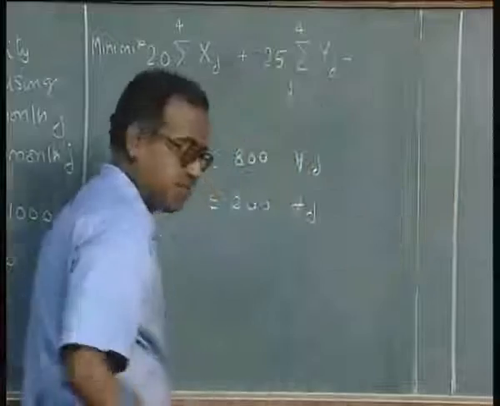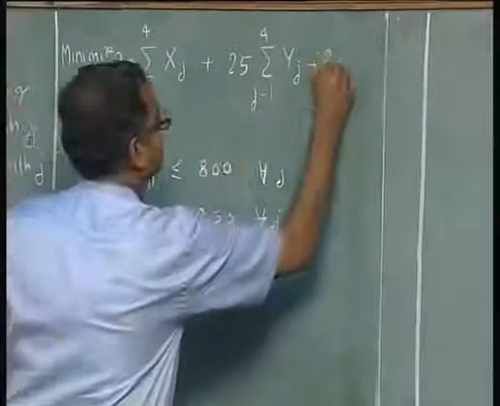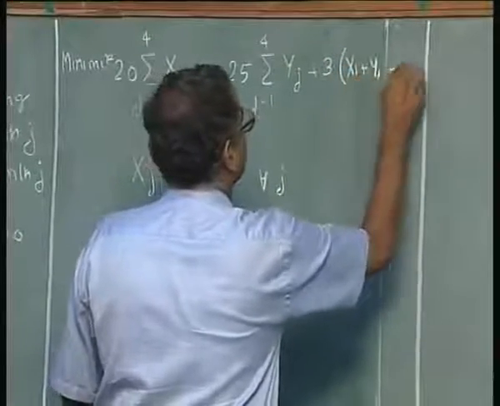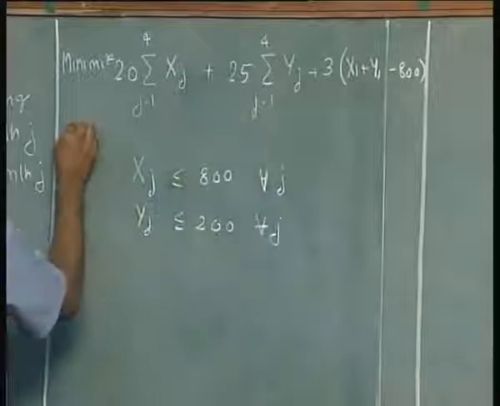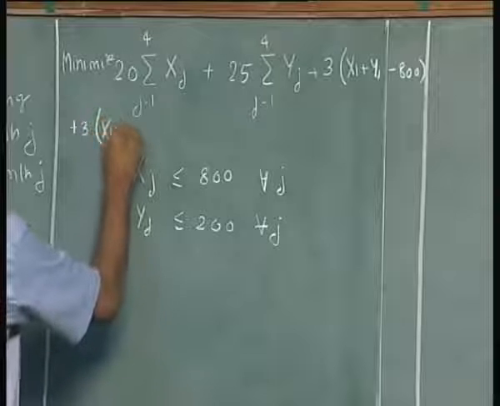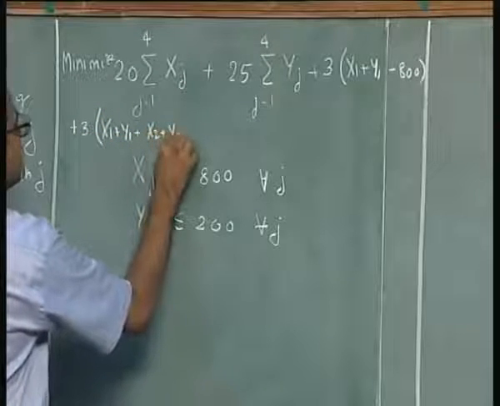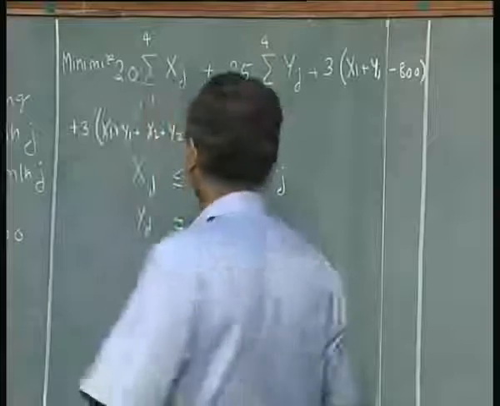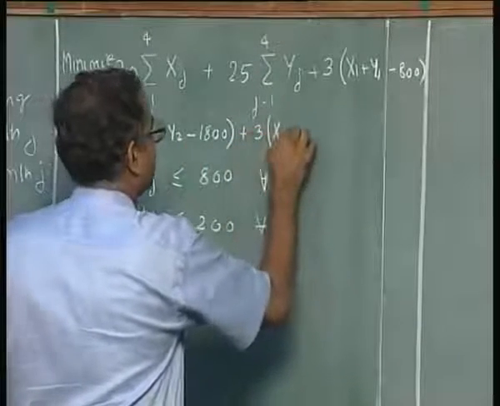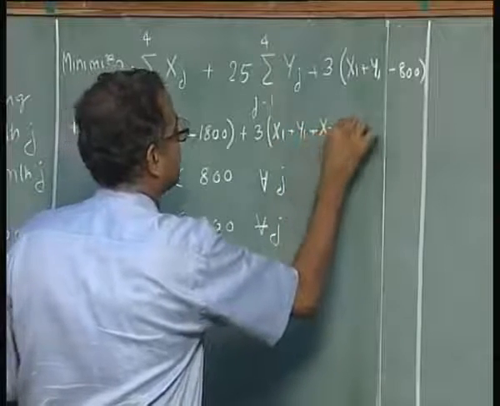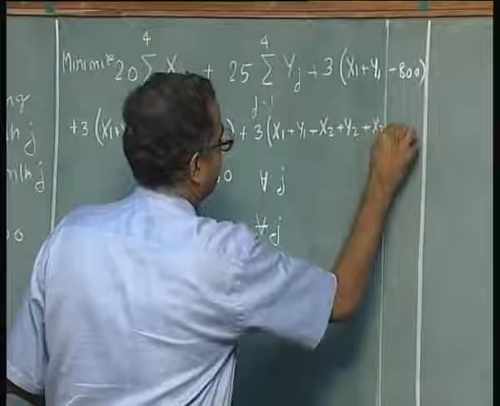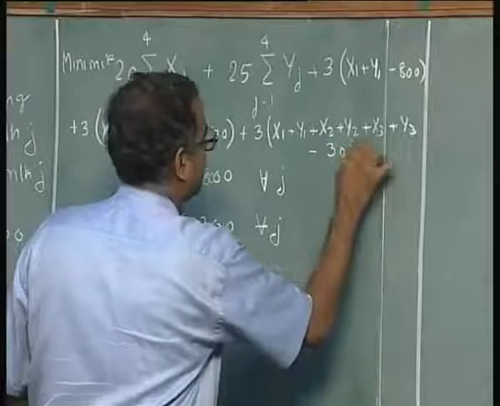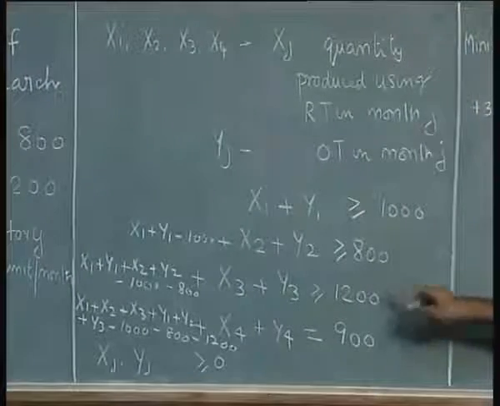So this now becomes plus 3 times, as far as the first month is concerned, x1 plus y1 minus 800 plus 3 times x1 plus y1 plus x2 plus y2 minus 1800, and as far as the third month is concerned, x1 plus y1 plus x2 plus y2 plus x3 plus y3 minus 3000. 3000 is the sum of 1800 and 1200.